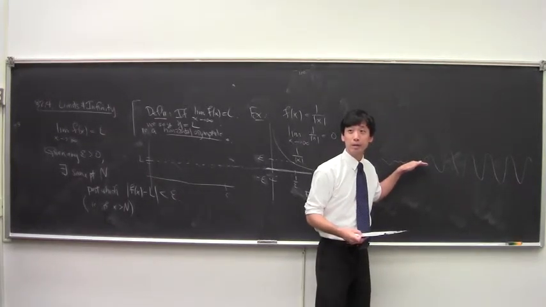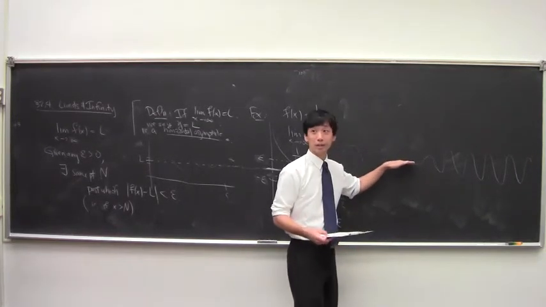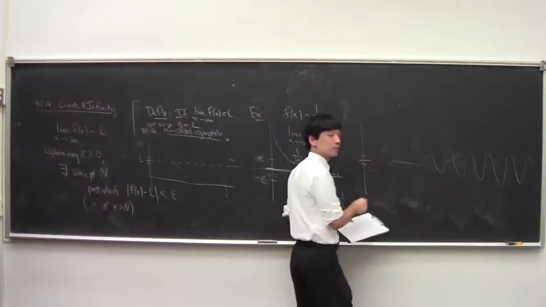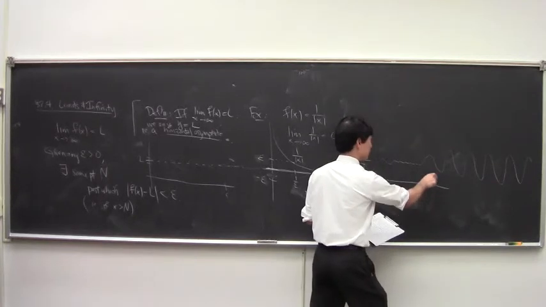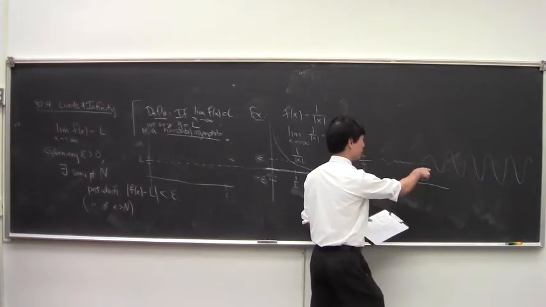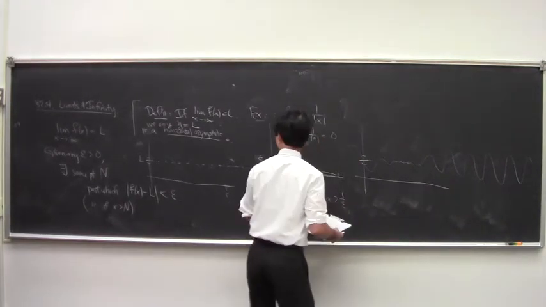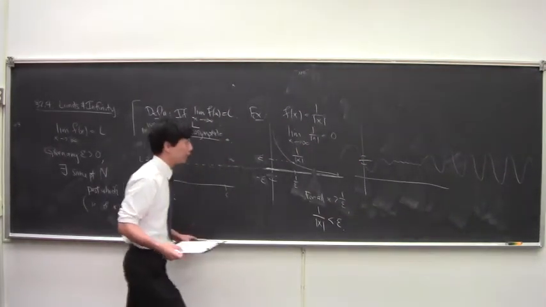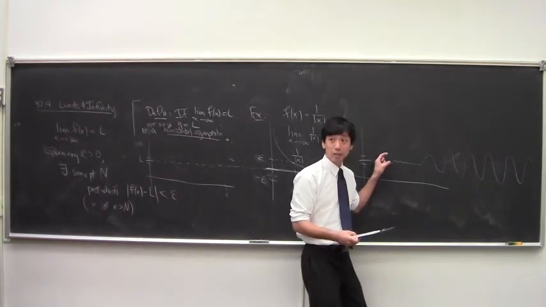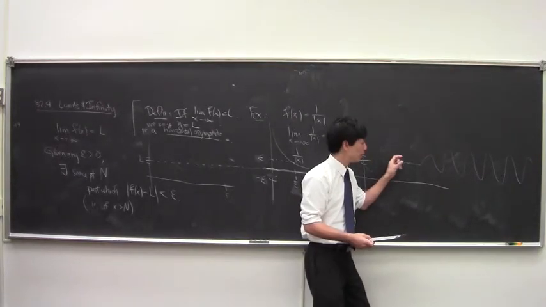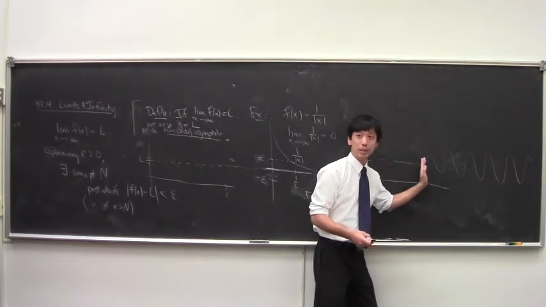No, the limit's not approaching L anymore, because I could say, I'd like you to stay this close, and you'd say there's no point past which I always stay that close. So this is the hard definition. Given any tolerance, there's a corresponding time past which that tolerance is satisfied.